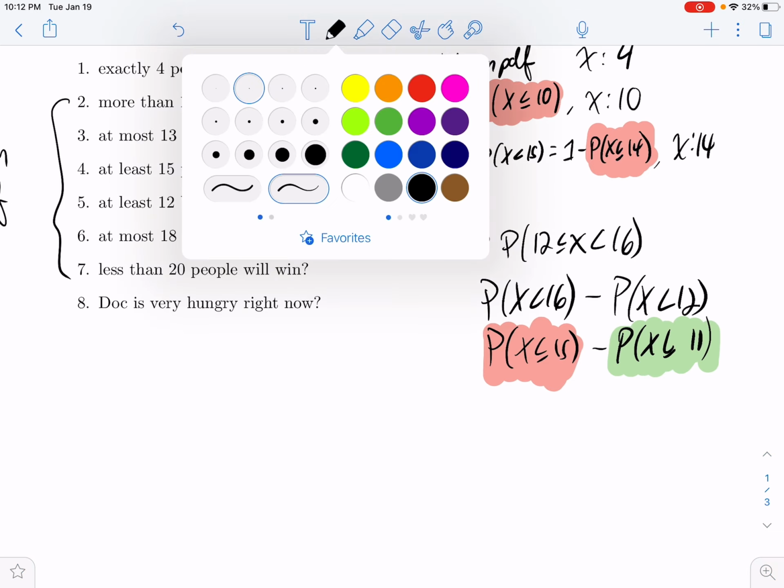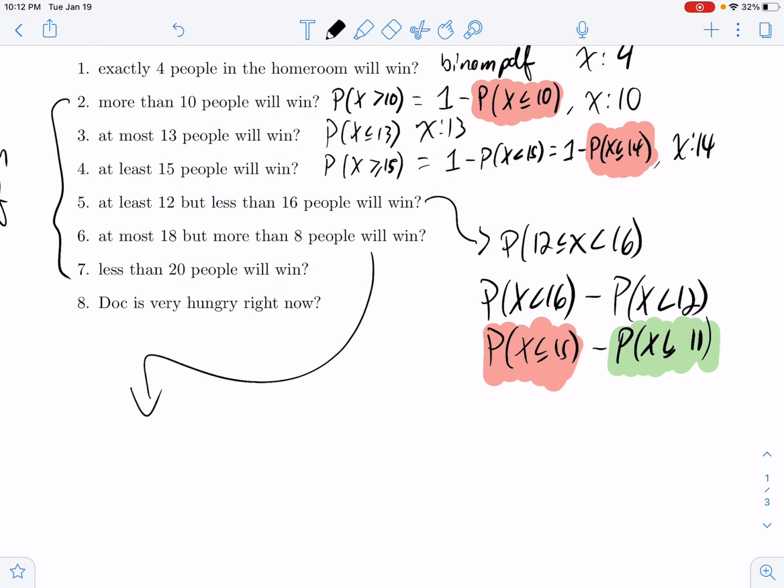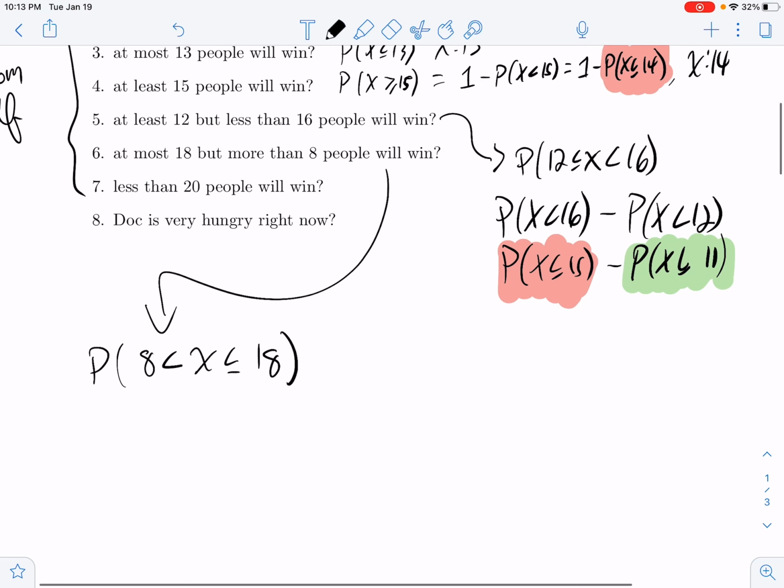All right, then we have at most 18, but more than 8. So this is the probability that 8 is less than X, less than or equal to 18, at most 18, but more than 8.